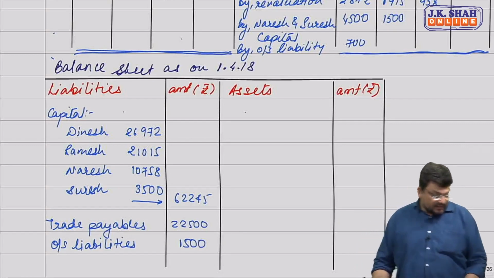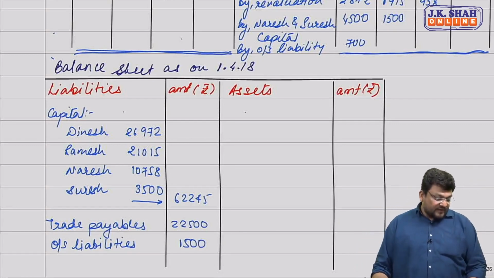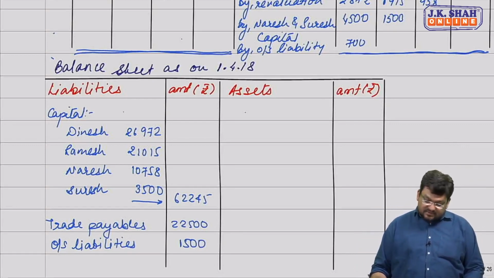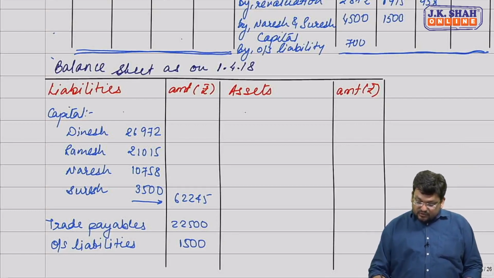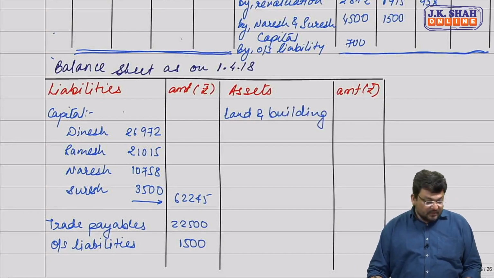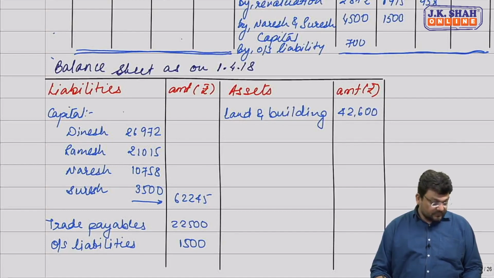Asset side, land and building. Value of land and building is increased by 5,600. So new value of land and building is 42,600. Furniture and fixtures reduced by 10%.